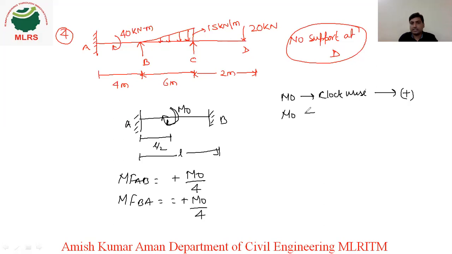If M naught is in the anti-clockwise direction, then we will take it as negative. So you just remember these 2 things also. Now one more thing to remember. What is that? Just see here.